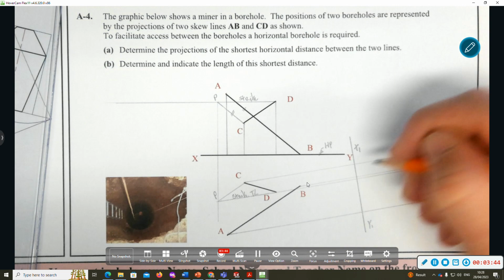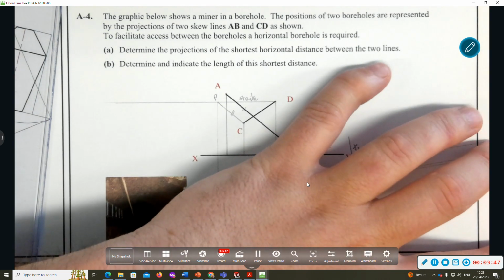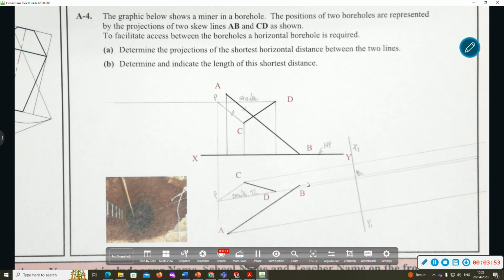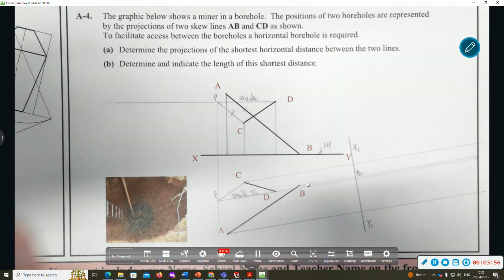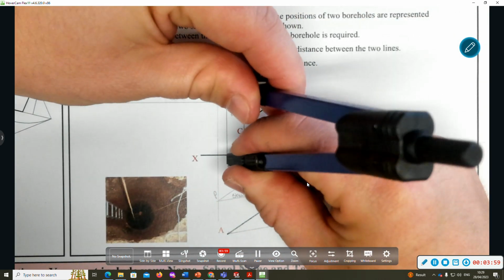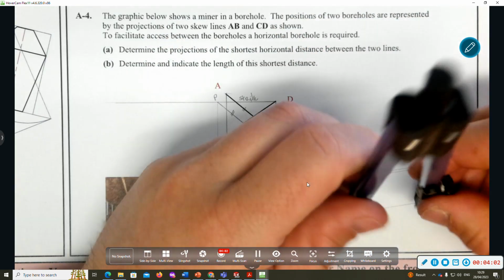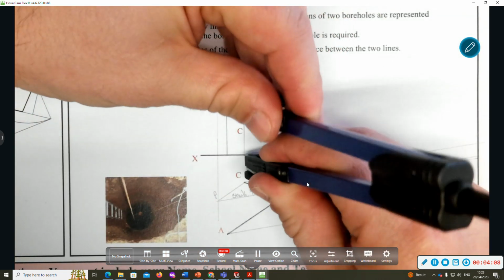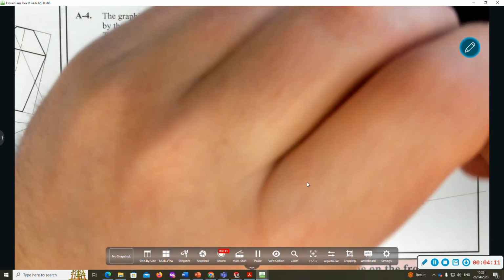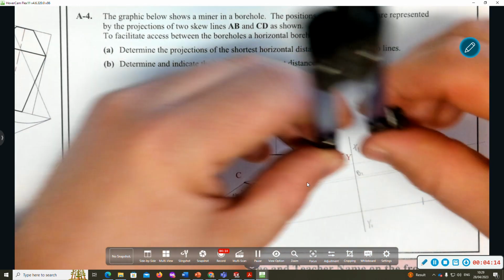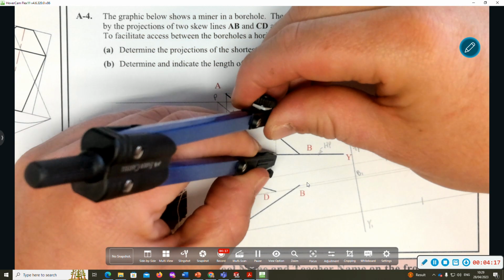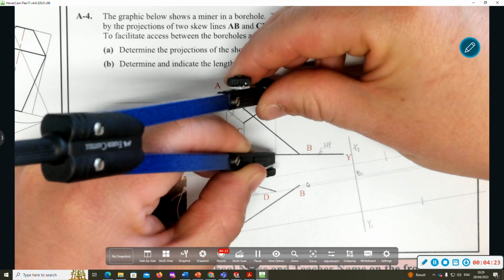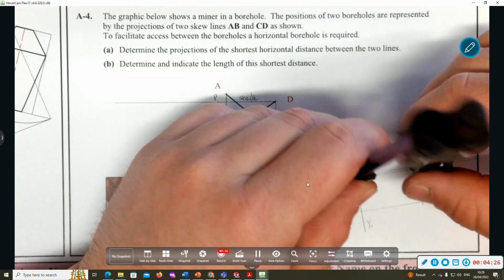Now B is on our XY line in elevation, so B1 is on our X1, Y1 line. Now compass set to the height of A. Find A in plan, follow it along. There's point A. For now we're going to do C and D and point P. So C, and then D. So compass on the XY line up to point D, taking the height of D. Follow D along, mark it in here.